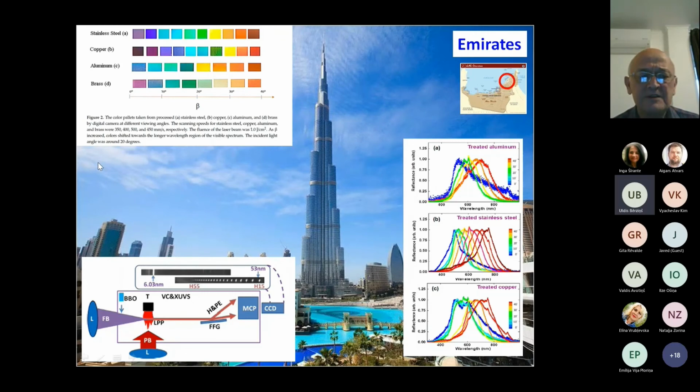Okay, thank you. So another feature is the variation by nonlinear optical methods of the features of targets. Particularly, we were able to change the color of metals. Here I just show some images from the creation of nanostructures in different materials.